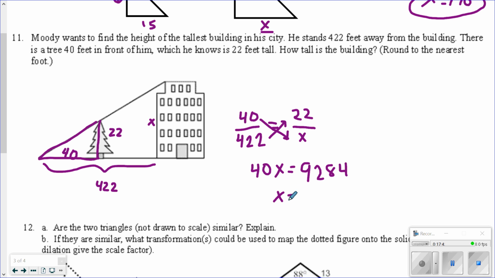You end up getting that x is approximately 232.1, and it did say to round to the nearest foot, so since it's 0.1, I'm going to keep it as 232, so 232 feet.